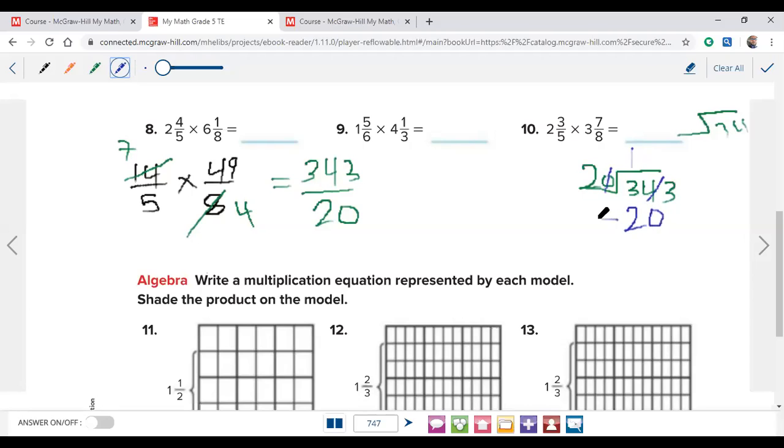And then subtract. 4 minus 0 equals 4. And then 3 minus 2 equals 1. Then I have to bring down 3. So I have now 143 divided by 20.